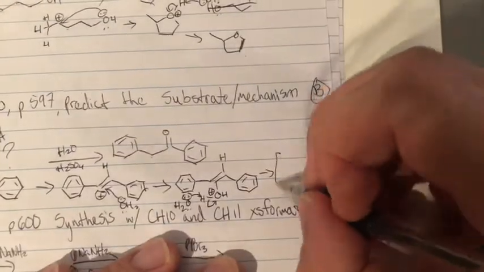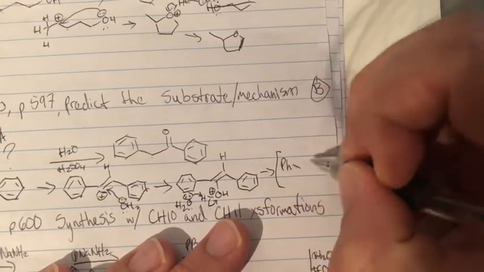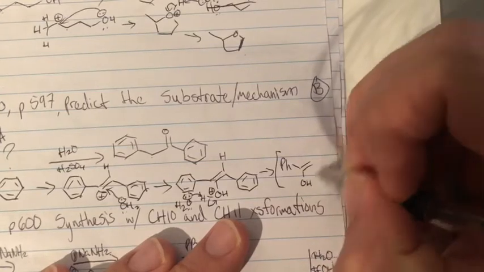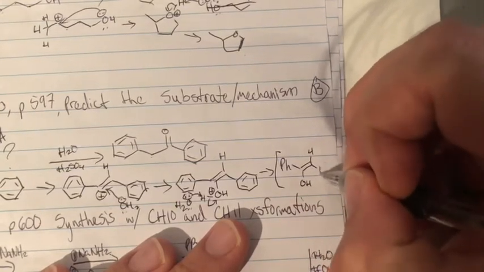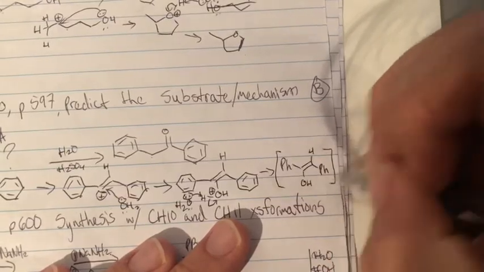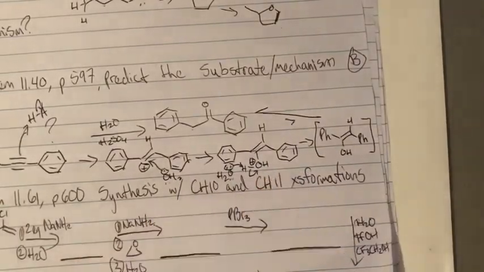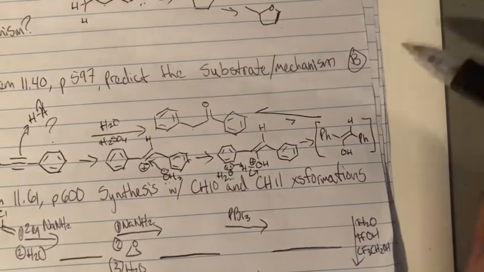Okay, so we're going to form our unstable, I'll just shorthand this, enol intermediate. Again, very little going in this direction, almost 100% going in this direction to form a more stable ketone form or keto form.